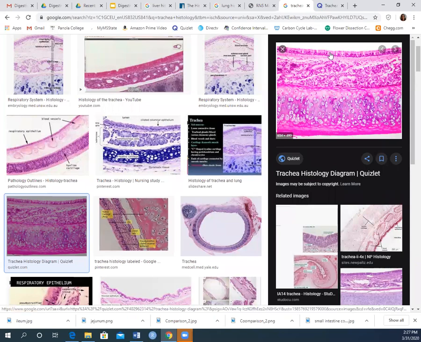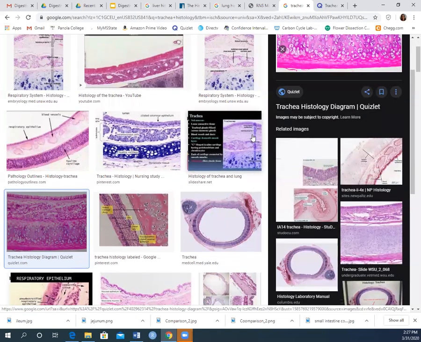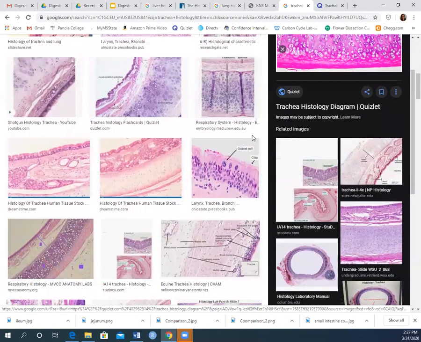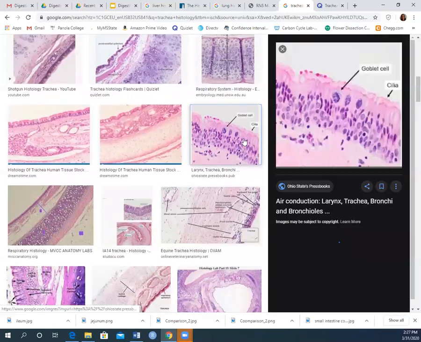You'll see it's a very thin layer of pseudostratified epithelium. It's not thick. And that's really the only thing you're looking for there. Is that the only one that we have that has a pseudostratified columnar epithelium? Yep.